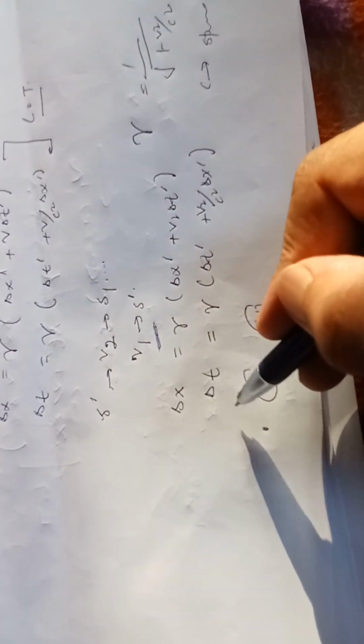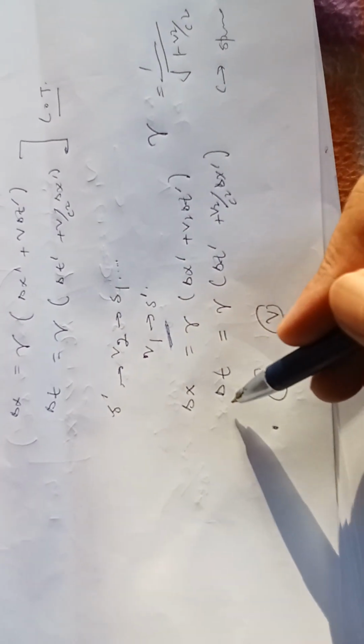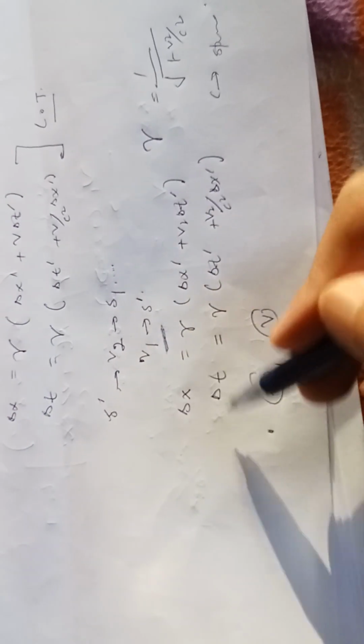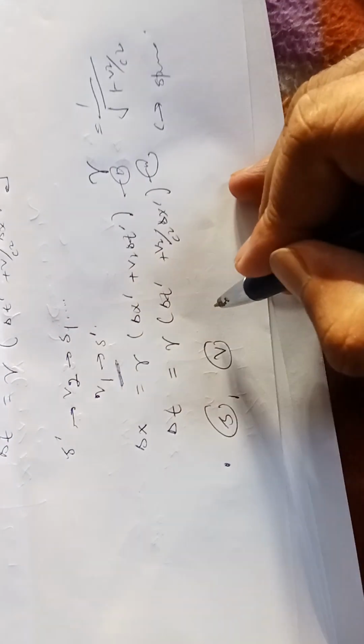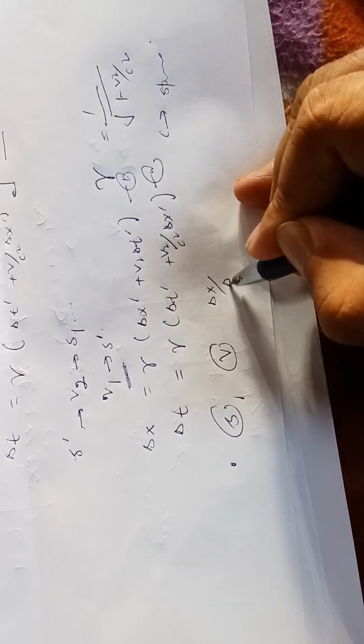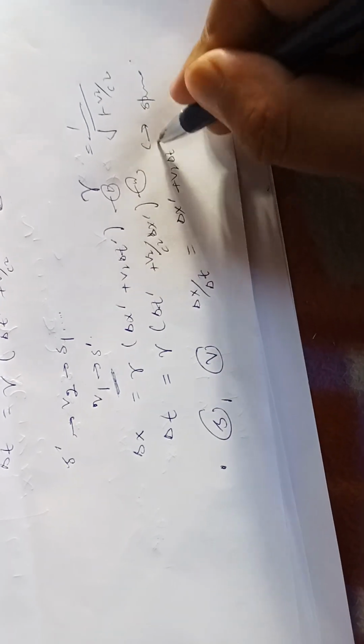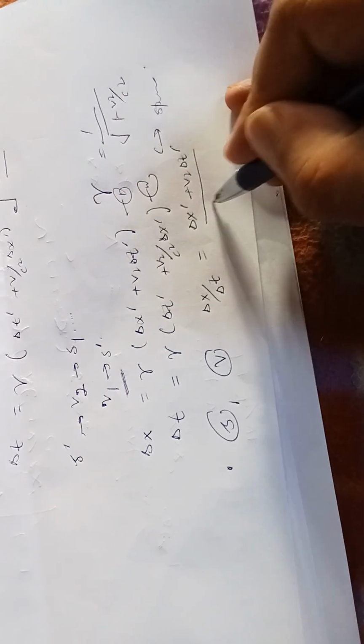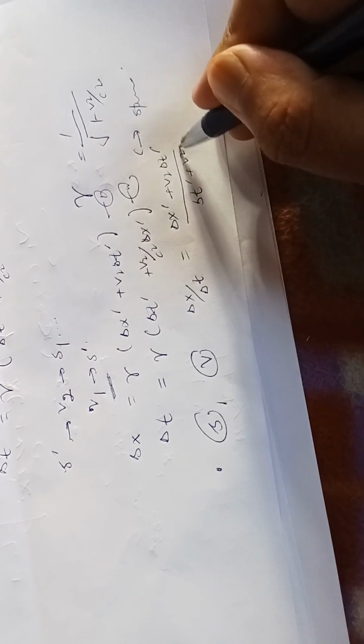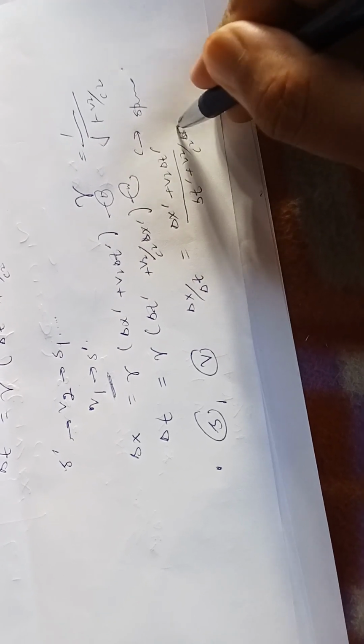So these delta x, delta t are the position and time coordinates for the object in the frame S. If I divide these two equations, numbering them first and second, gamma will cancel, and I get delta x upon delta t equal to delta x prime plus v2 delta t prime, upon delta t prime plus v2 upon c square delta x prime.